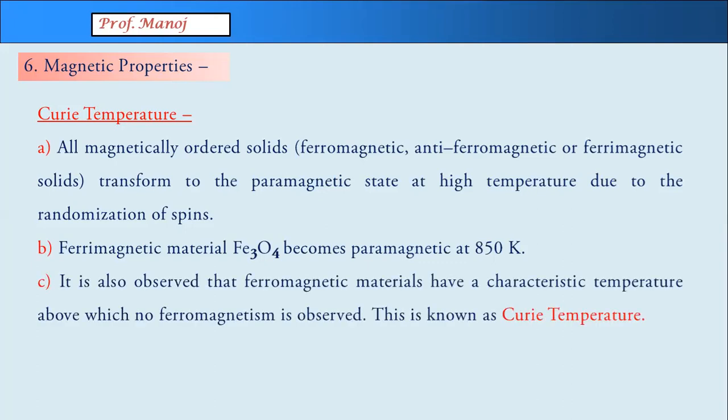So ferromagnetic material have a temperature above which no ferromagnetism is observed. That is what is known as Curie temperature, right? So उसके जगह पे no ferromagnetism is observed का मतलब है it will convert into paramagnetism. That is called Curie temperature. Just small notes है, इसमें कोई ज्यादा डिटेल नहीं है.